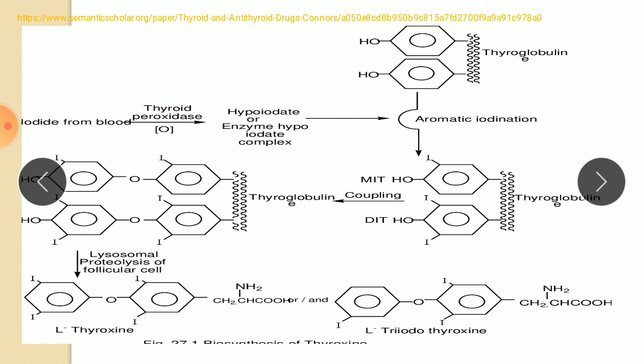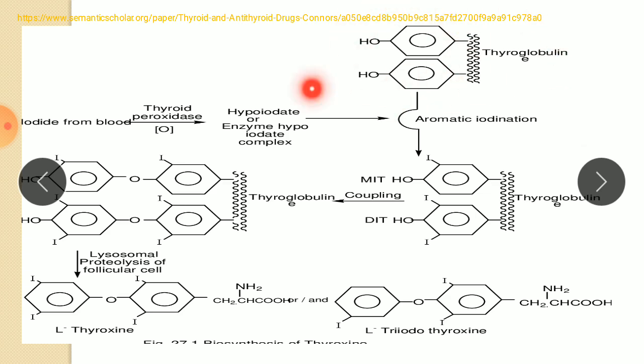Then this active form of iodate causes iodination of the tyrosyl residue of thyroglobulin.